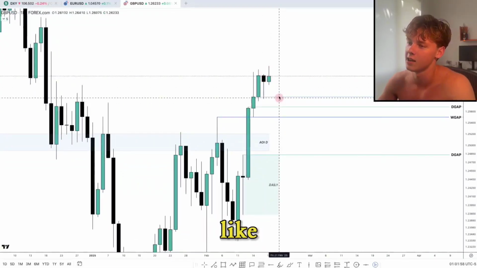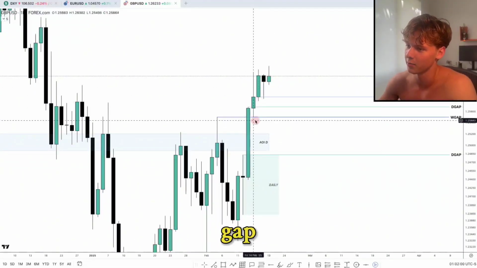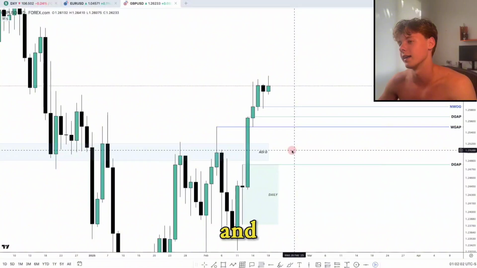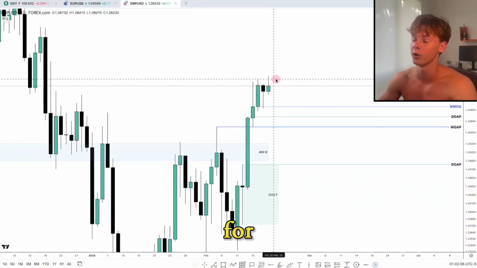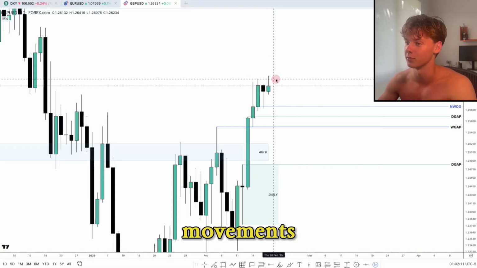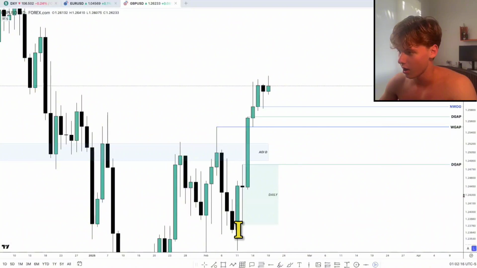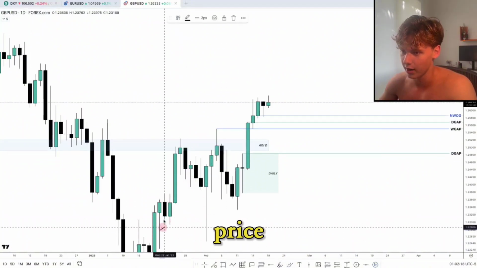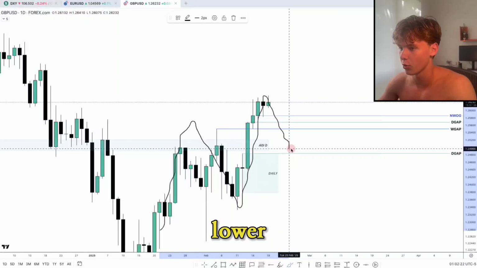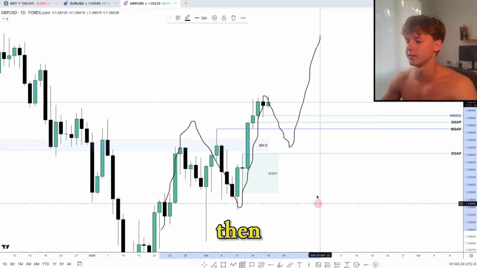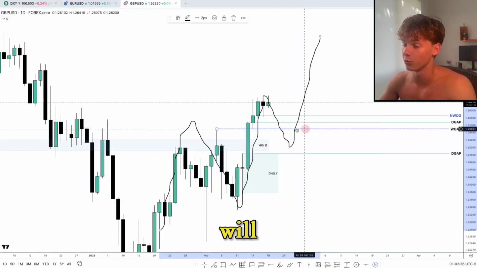I would at least like to see price trade into this fair value gap, and ideally this one. And today is CPI. We have CPI actually in 1 hour for the pound, so most likely we will see some bearish movements coming in. This is currently what I'm looking at on the daily. I literally want to see price come lower before expanding higher, and then this will be the area where we will take our long.